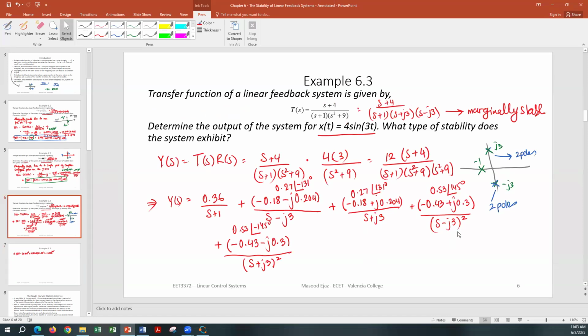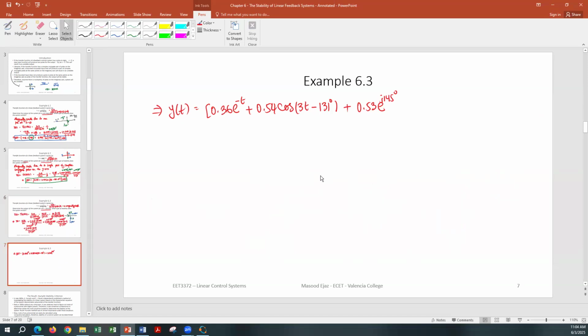And then s minus j3 squared. According to the table, let me check the table again: 1 over s plus a squared is t e to the power negative alpha t.